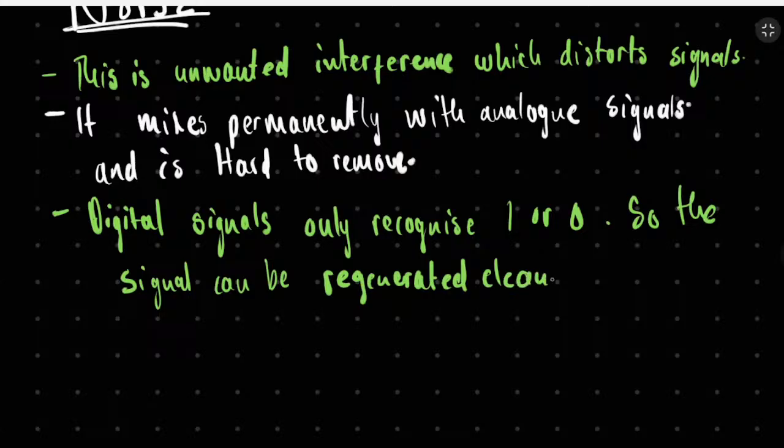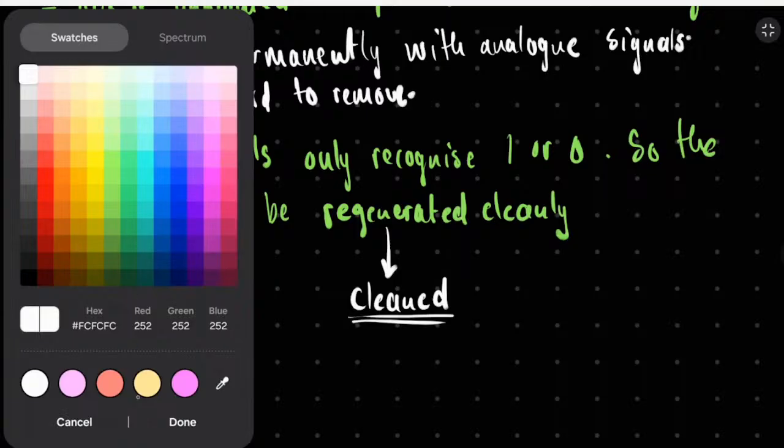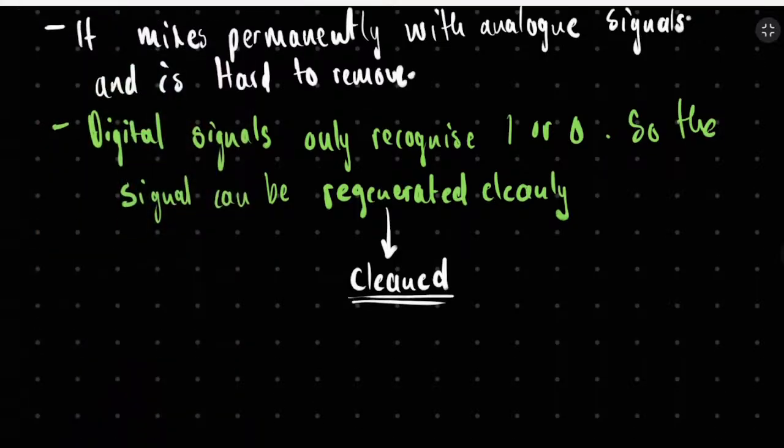I want to explain what that means. Regeneration. We'll do it, wait a few minutes. It will be cleaned. So the signal is cleaned or it is rebuilt. Just write this for me. Yes, we'll do it, I promise, okay?